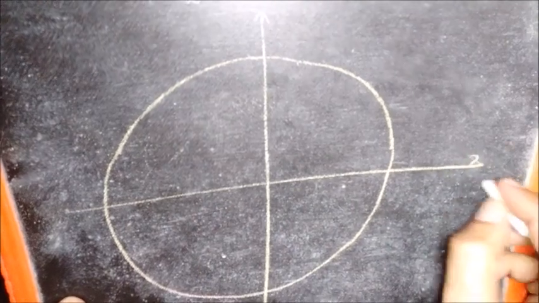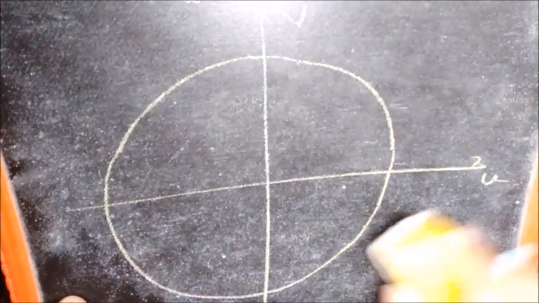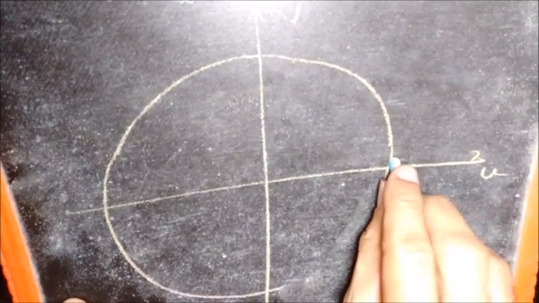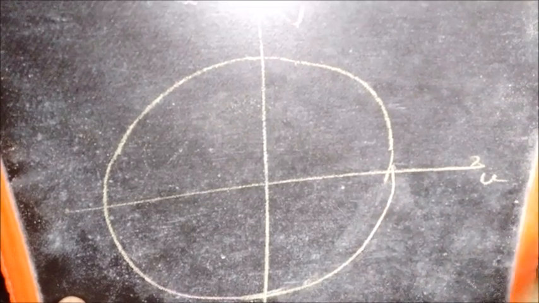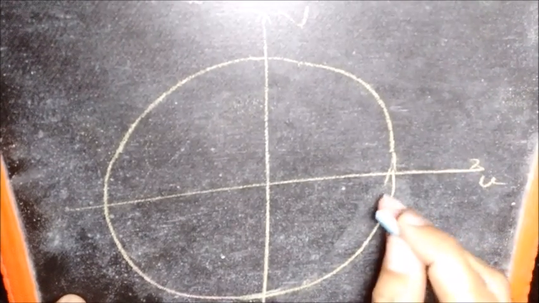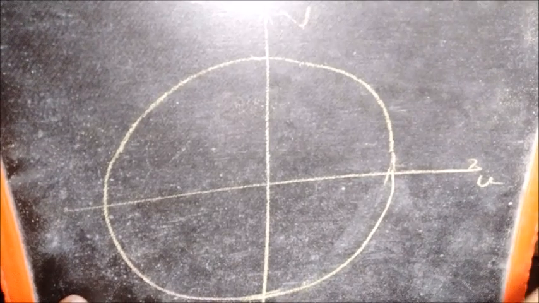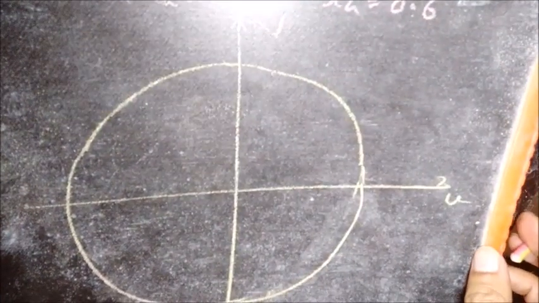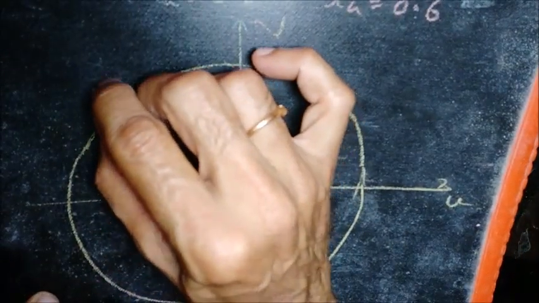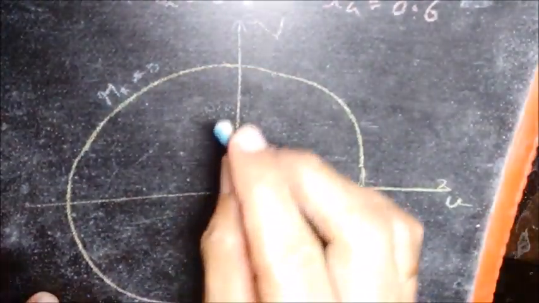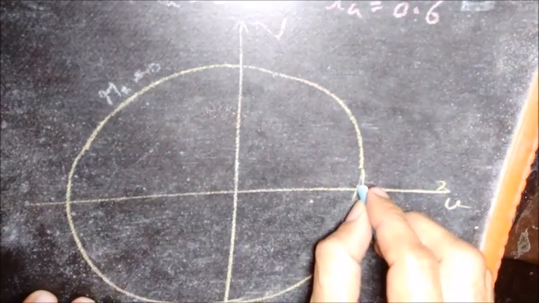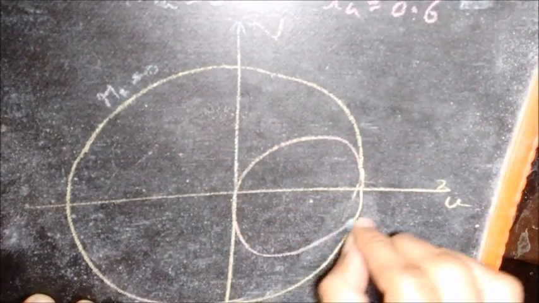Try to make it look as closely resemble a circle as possible. We know this is for RA equal to 0 and RA equal to 1 is this.